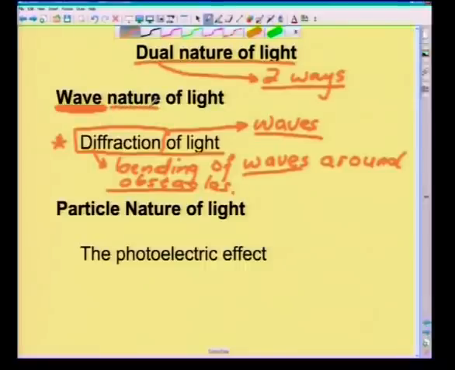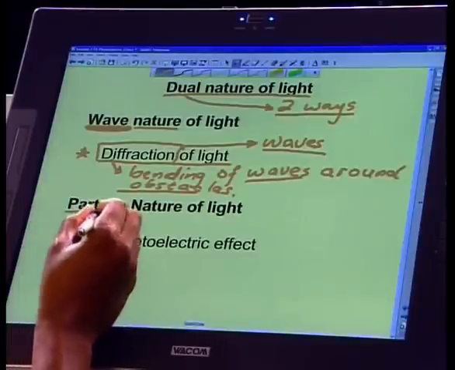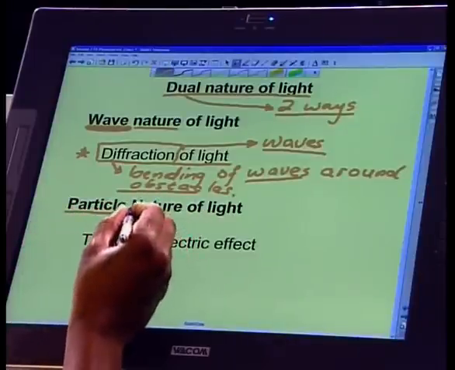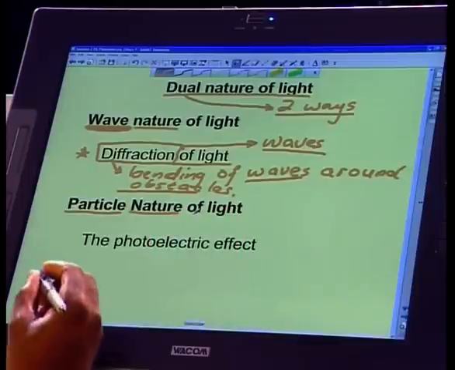Light has got a wave nature. But then, the other part of it, because we're saying light has got a dual nature, the other part, which is the second part, is that light is also viewed to be having a particle nature.